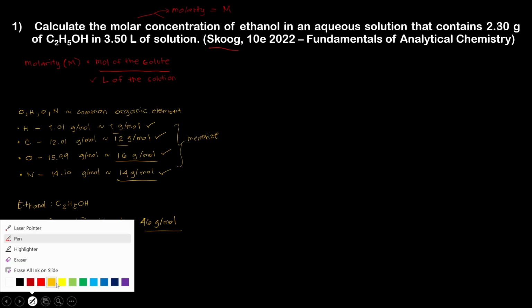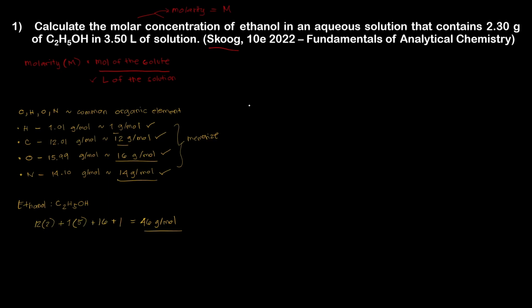Okay, so let's change to white. Solution. You've got the mass. Let's start with the mass, which is 2.30 grams. You have 2.30 grams ethanol.